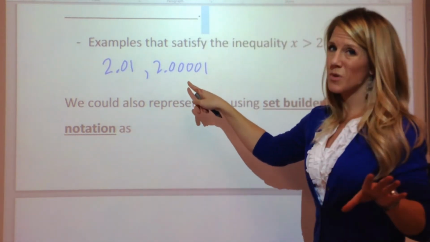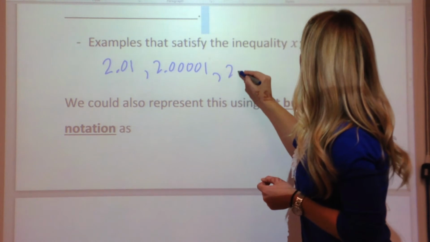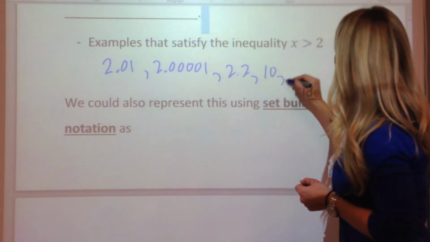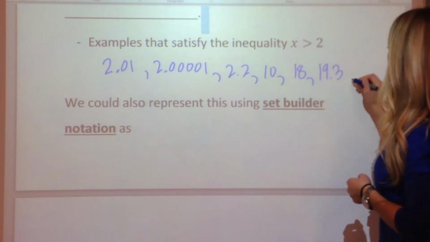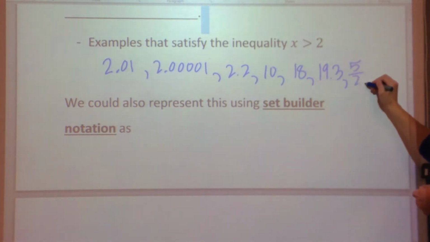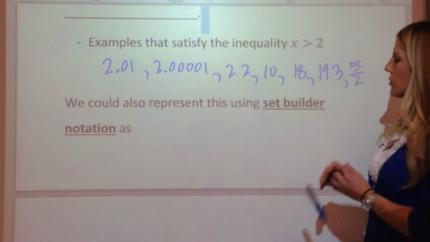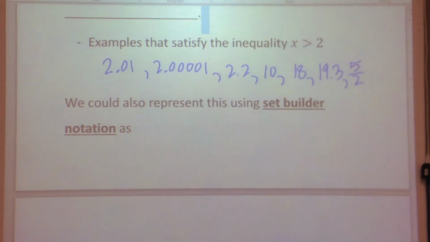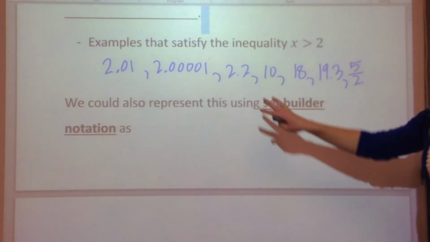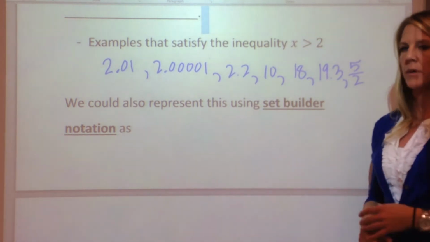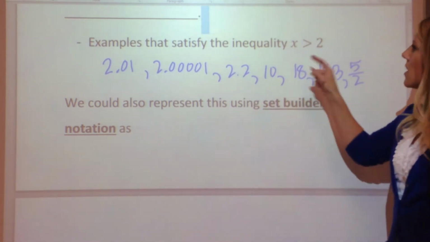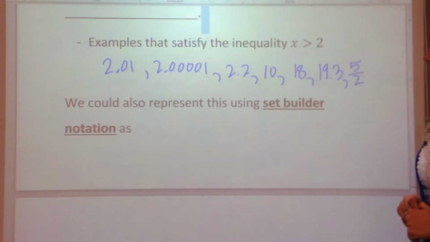So very close to 2, but not exactly 2. 2.2, 10, 18, 19.3, 5 halves. Ooh, that one's close to 2.5. But these are all examples that make the inequality true. Now these aren't the only examples, but they're just some of them because we have an infinite number of solutions that will satisfy x is greater than 2.